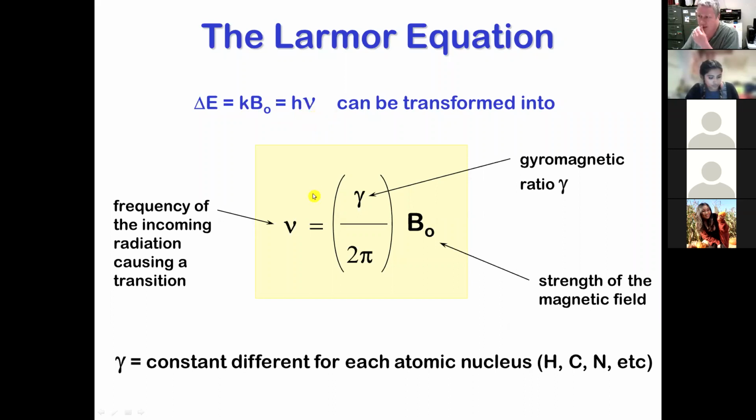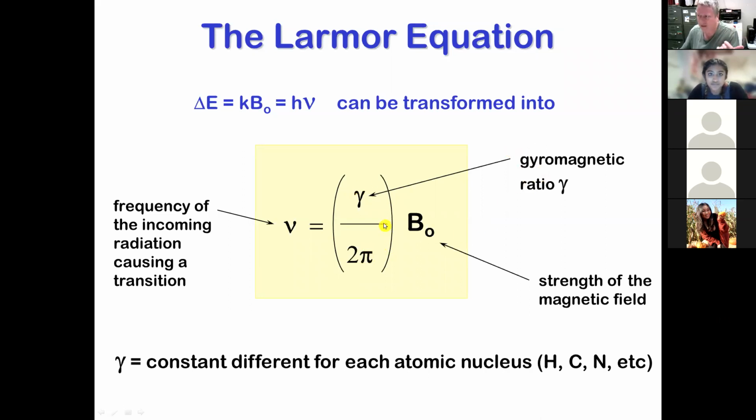If we play around with this equation, we can see that the frequency of the RF light is related to a constant called the gyromagnetic ratio, which is just a constant that different nuclei have. 2 pi is a constant.